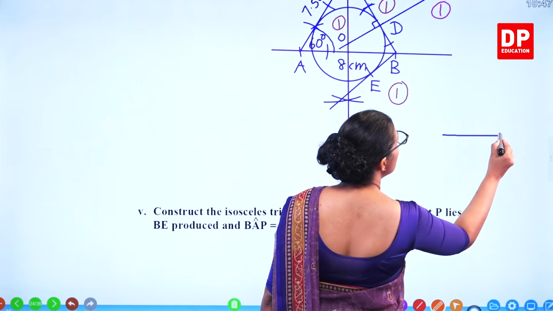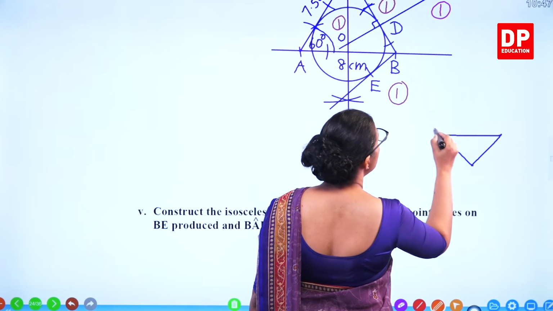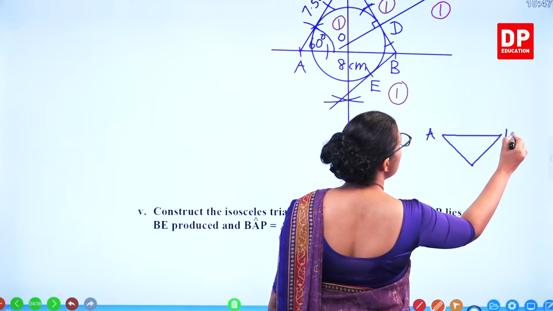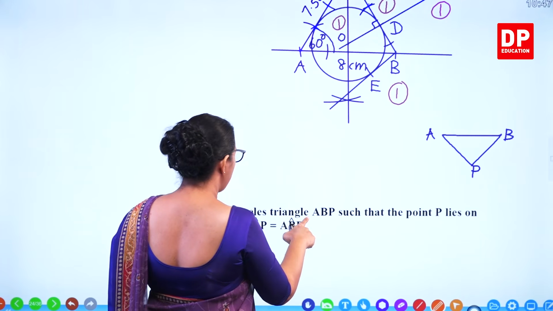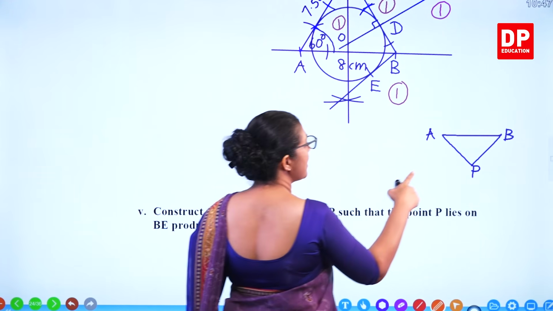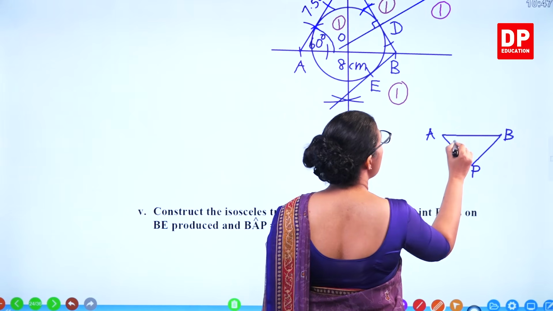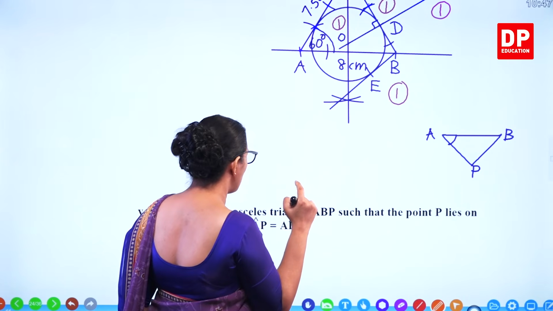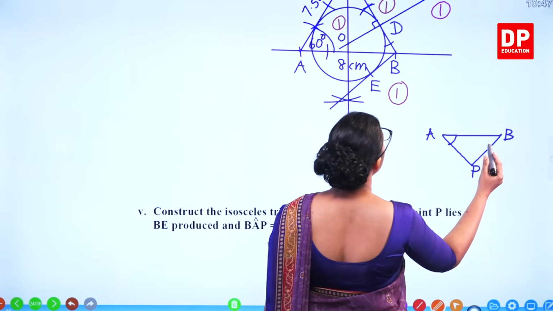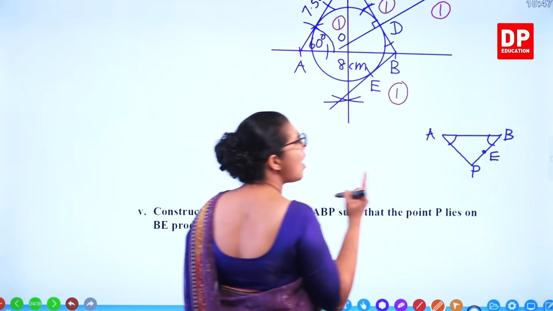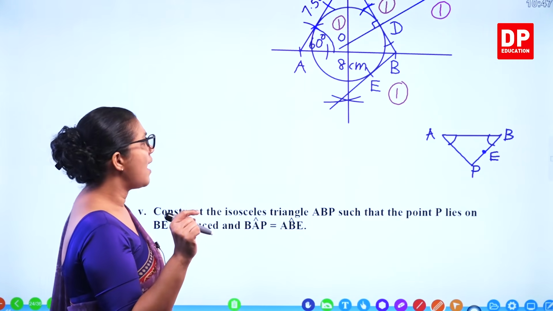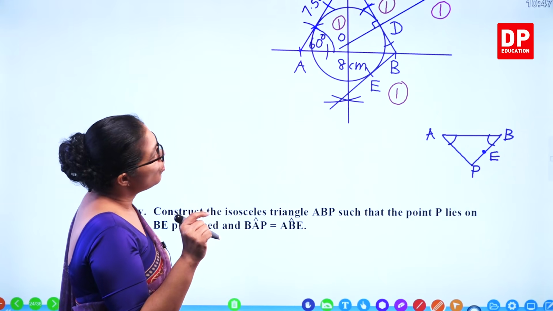So here there's a triangle ABP, so that this BAP angle is equal to ABE. E is also here. So this angle. So I have to create an isosceles triangle.